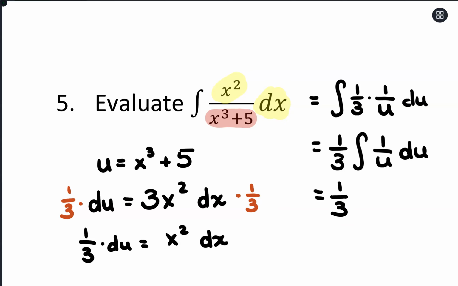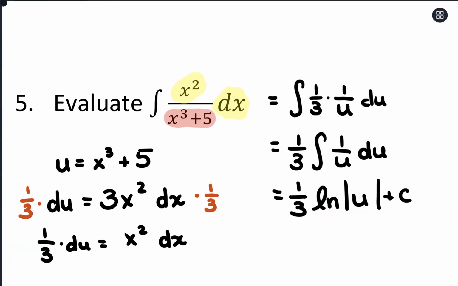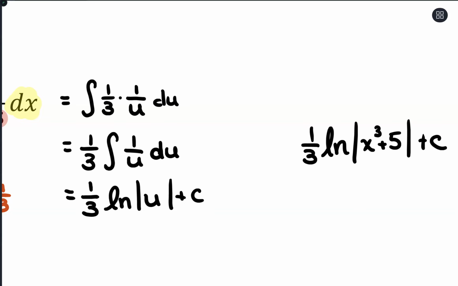So we're going to end up with 1/3 natural log of the absolute value of u plus c. And then we're just going to substitute in x cubed plus 5 for where we had u. So we'll have 1/3 times the natural log of the absolute value of x cubed plus 5 plus c.